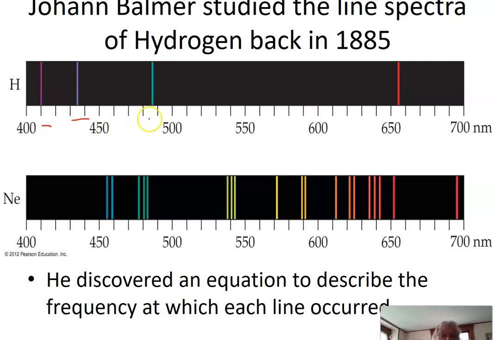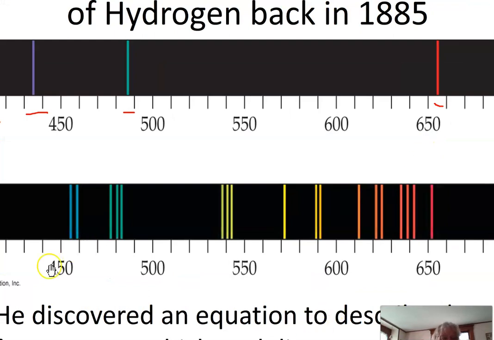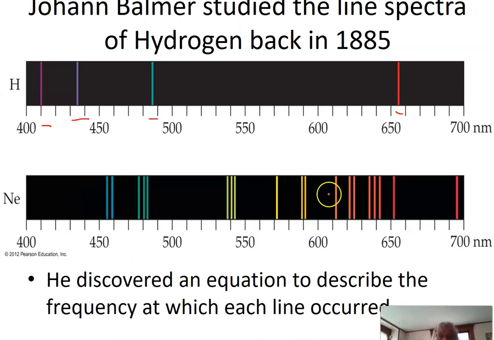This bottom scale shows wavelengths. Every time they looked at the light emitted by hydrogen, they saw a spectrum where each one of these lines showed up at a specific wavelength.